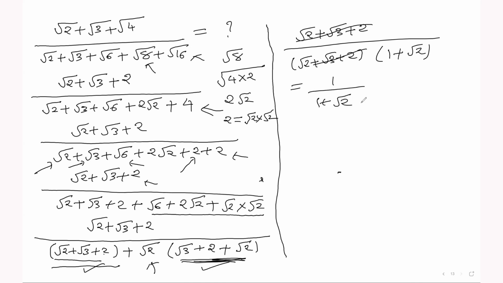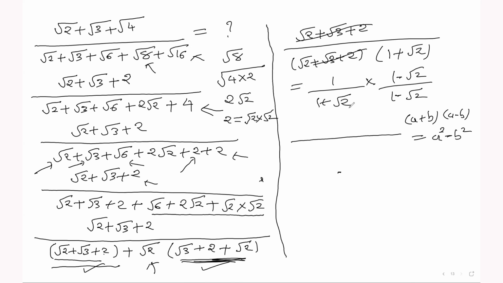Now if I want to rationalize the denominator, then I can multiply with 1 minus root 2 on the top and bottom. Now we do know that a plus b multiplied by a minus b is equal to a square minus b square. So in the denominator, we can see 1 plus root 2, 1 minus root 2.